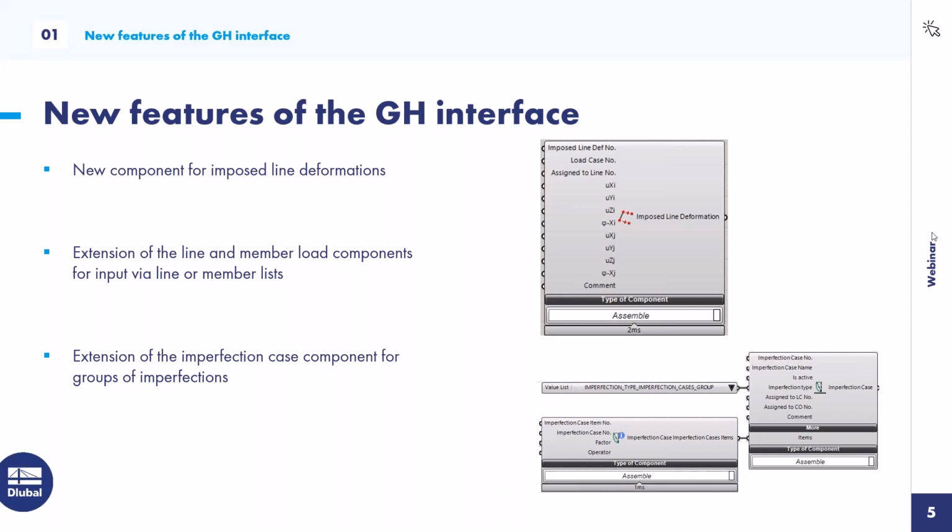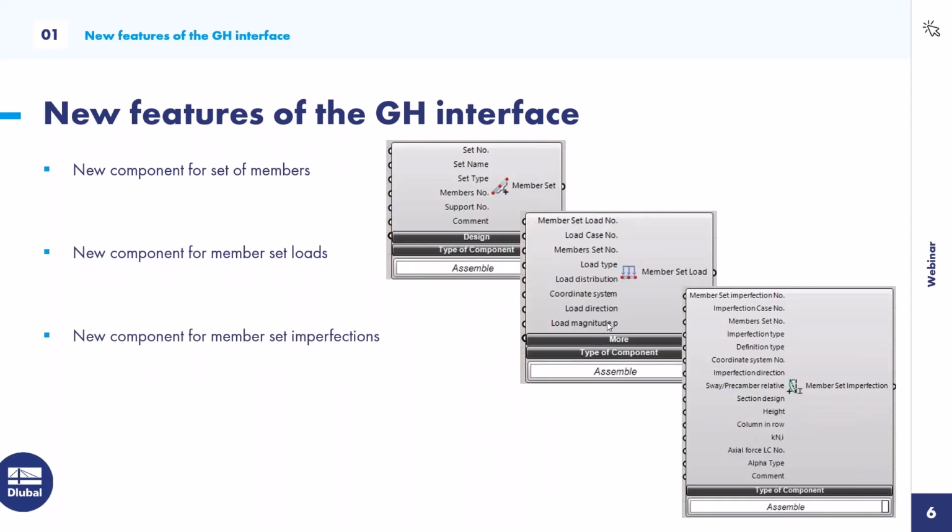It's an alternative way to define a load which is applied on multiple members or multiple lines, maybe because you want to have a trapezoidal load distribution. Then you can use a member list or a line list instead of a member set, for example. Additionally, we extended the imperfection case component with the option to create groups of imperfection cases.